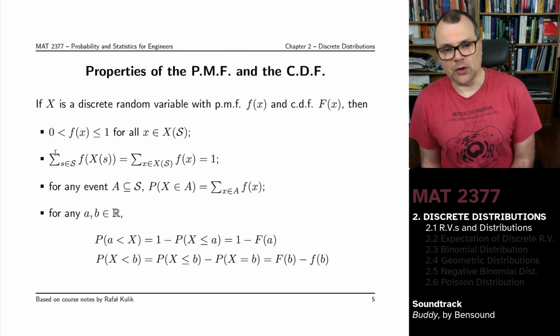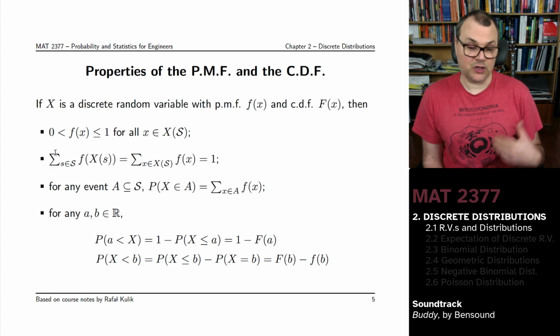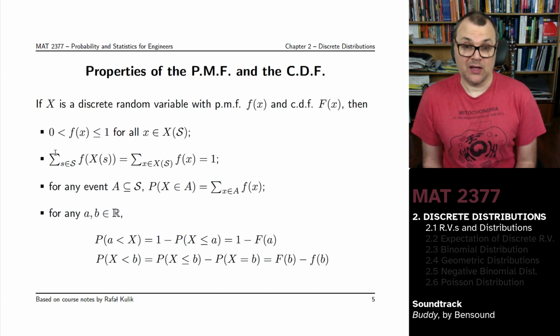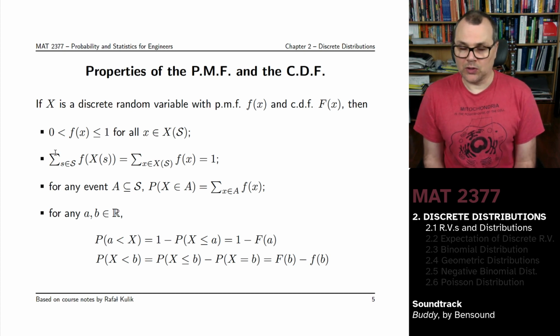The other thing that we know is that if you look at all the possible outcomes and you compute the value of the PMF at each of these outcomes and you add them up, it has to add up to 1. The probability that one of the outcomes will occur when you run the experiment is 1, right?